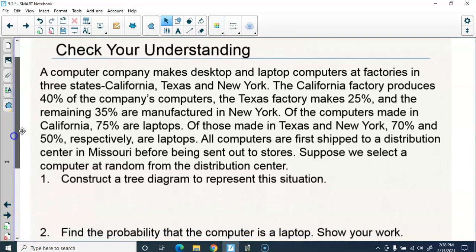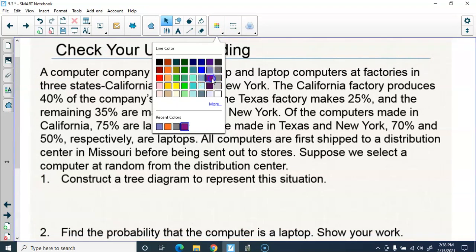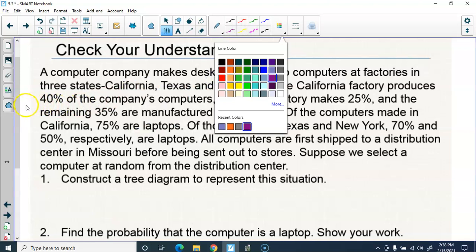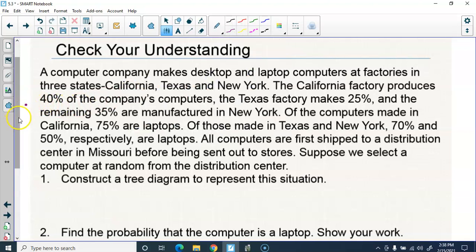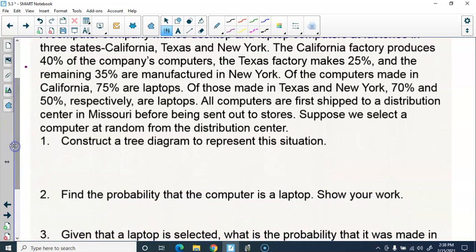All right, let's do an example where we don't already have a tree set up for us. So we have a computer company that makes desktop and laptop computers at factories in 3 states, California, Texas, and New York. The California factory produces 40% of the company's computers, the Texas factory makes 25%, and the remaining 35% are manufactured in New York.